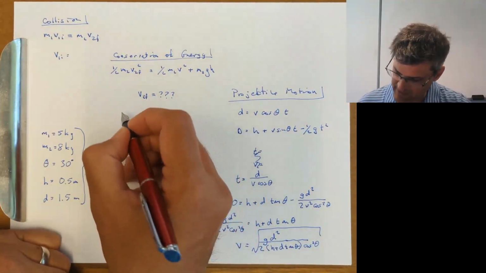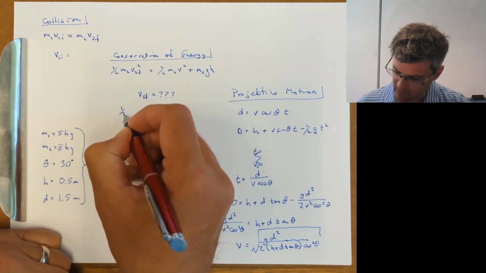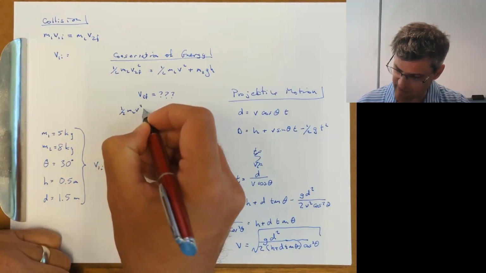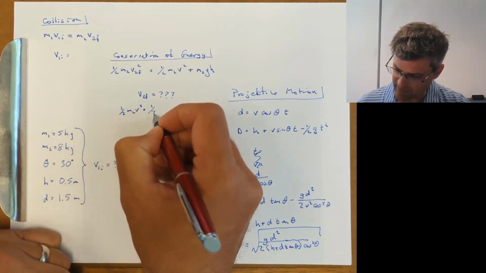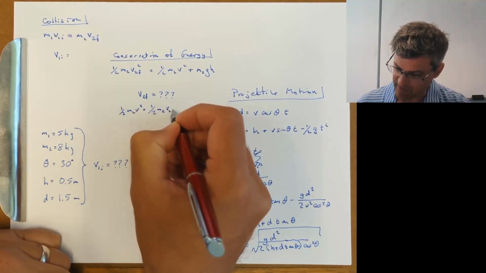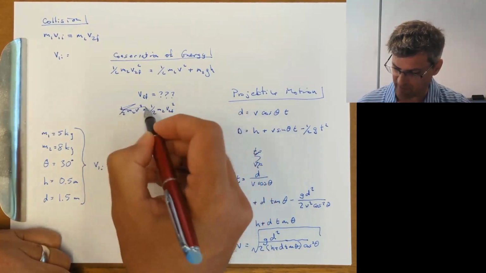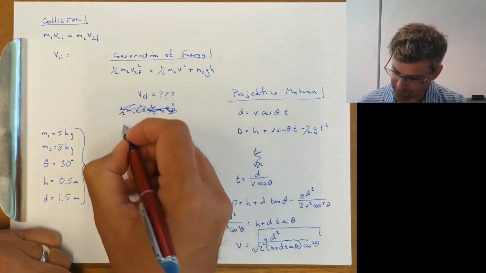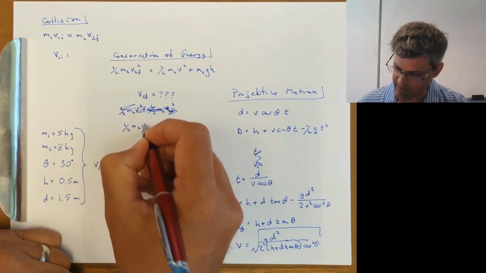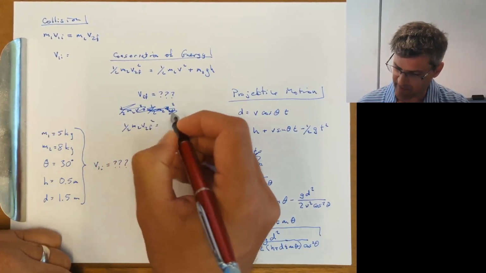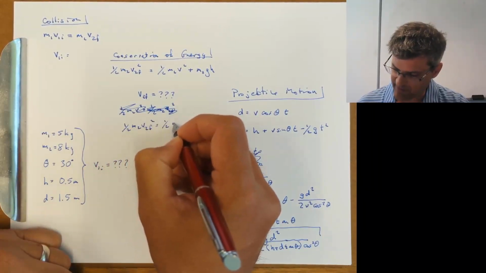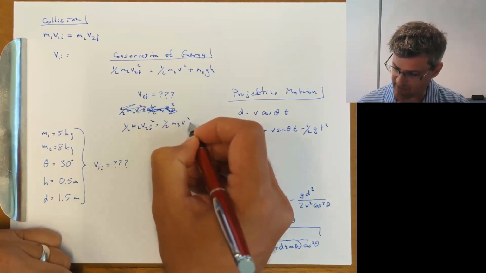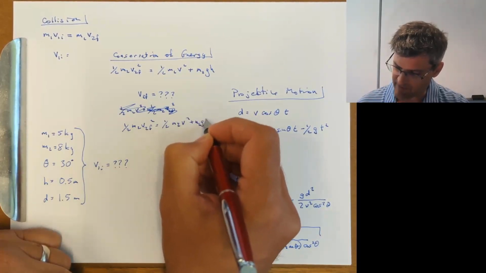From here I see that 1/2 m2 v squared is equal to 1/2 m2 v2 final squared. Actually, I want to know v2 final, so never mind. So 1/2 m2 v2 final squared is equal to 1/2 m2 v squared plus m2 gh.